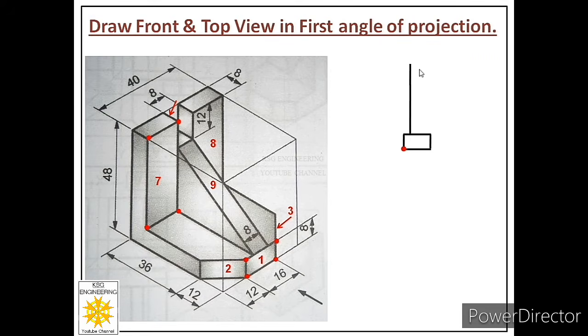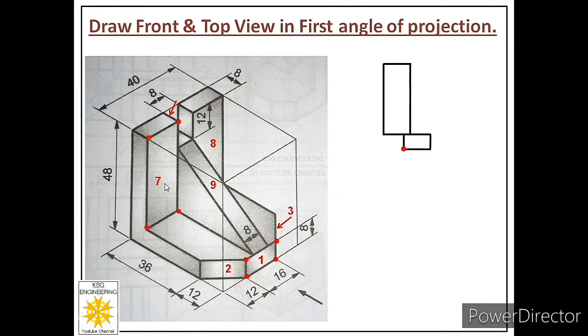So from this end we will sketch a continuous thick line of 16 millimeters towards right. So we have reached to this point. Now in order to draw this length, we have to draw a vertical line of 40 millimeters again. So now we will connect these 2 points, and that length will be equal to 16 millimeters again. So now you can see we are ready with the drawing of face 7 as well.